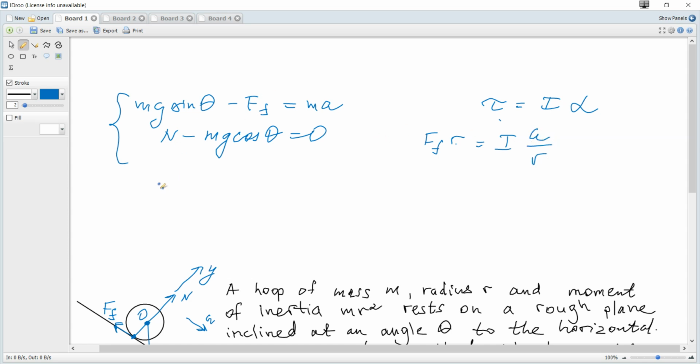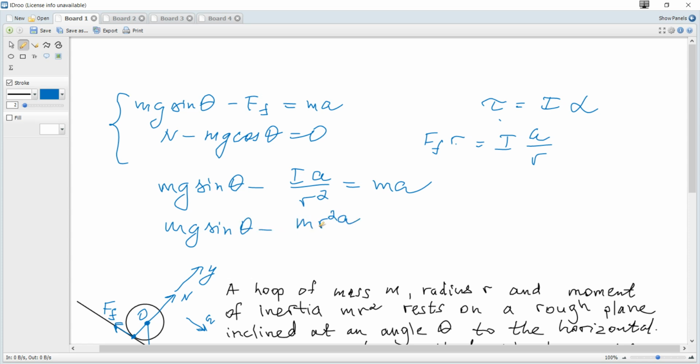Substituting this into the x equation, we get mg sine of theta minus I a over r squared is equal to ma. Substituting m r squared for I, it becomes mg sine of theta minus m r squared a over r squared is ma.